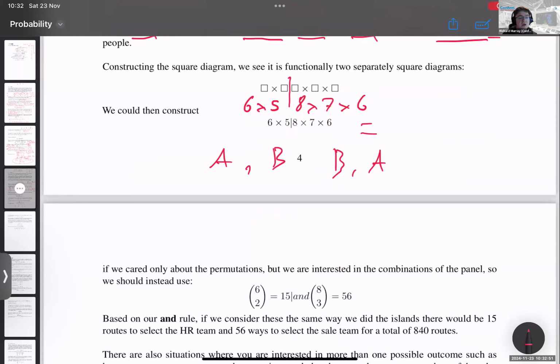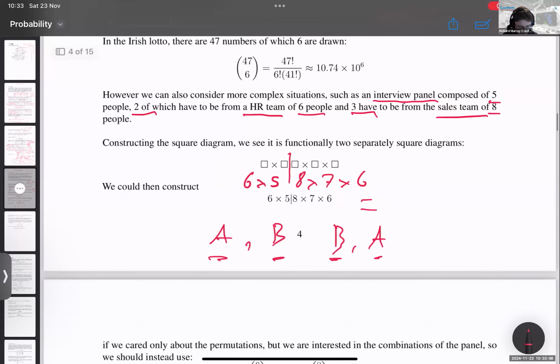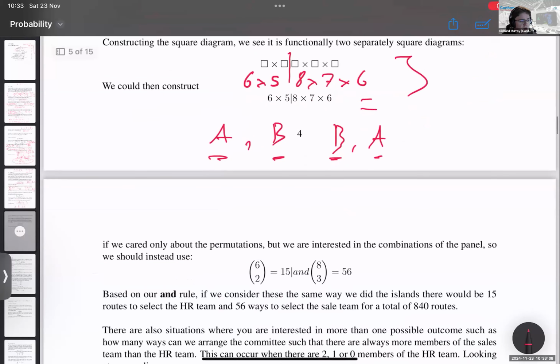The candidate who's being interviewed doesn't really care whether it was person A selected first, then person B, or person B selected first and then person A. It makes no difference to them on the day when they're being interviewed. So instead of using permutations and our box shape here, we need to use our combinations instead.